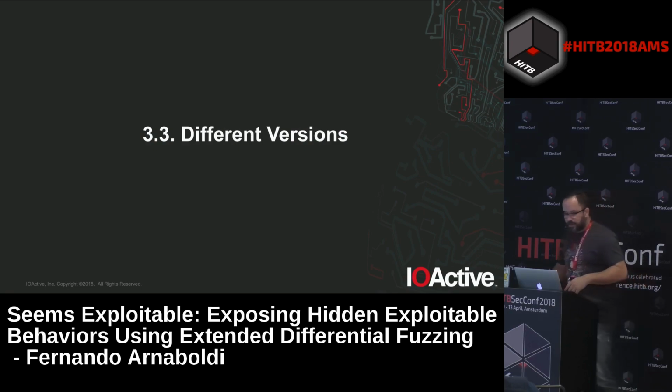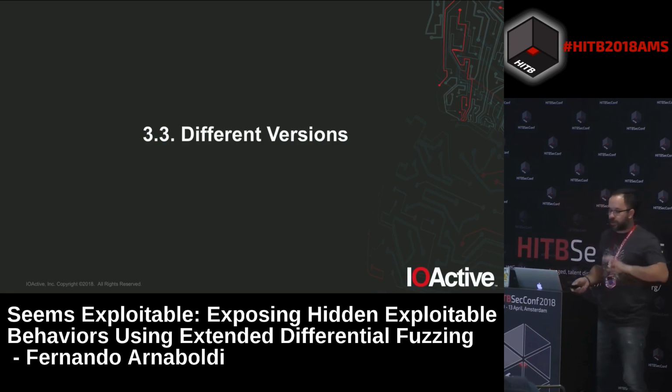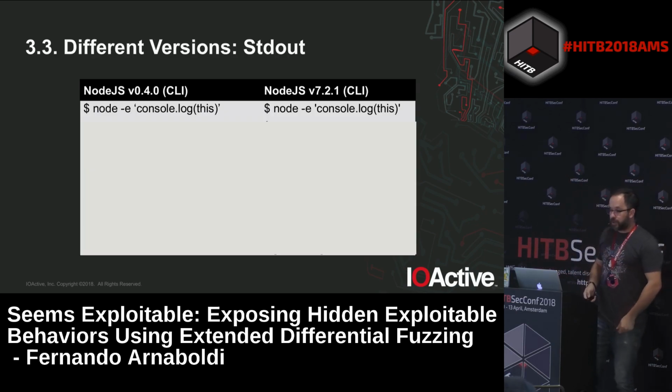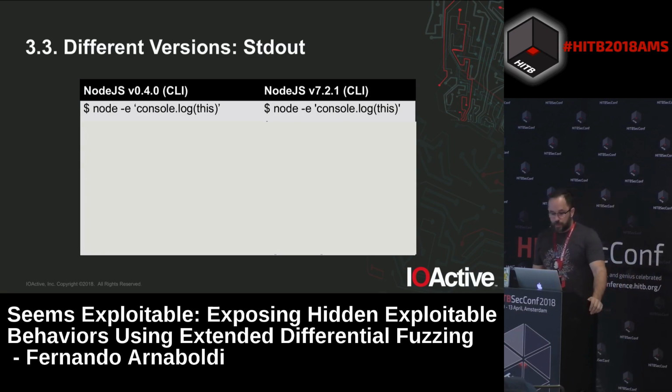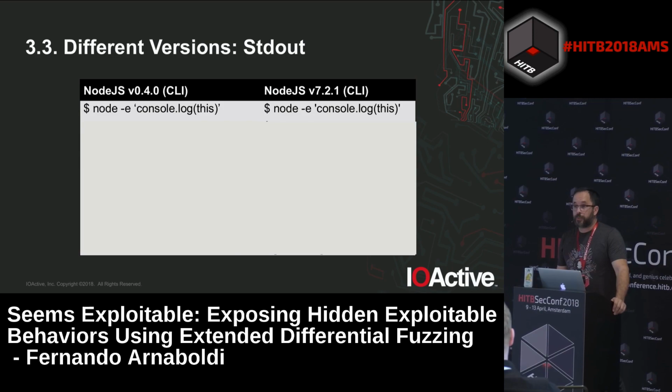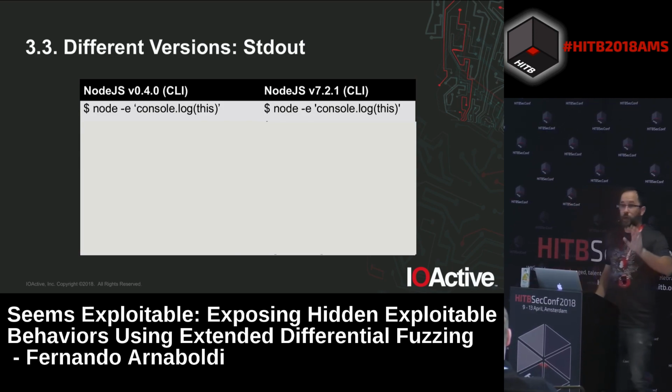Let's move on to different versions. So we talked about different implementations. That means different pieces of software from different companies. Now we're talking about different versions of the same piece of software. Again, Node helps us with this when we're talking about writing the output of this. If you remember, the problem was that when we were using the command line, it was outputting the user and so on.